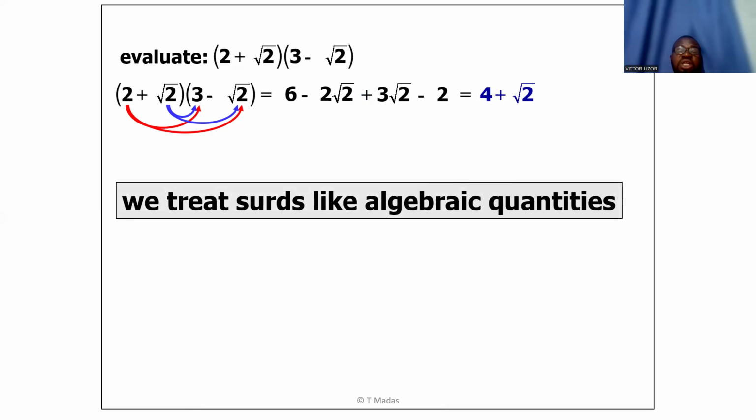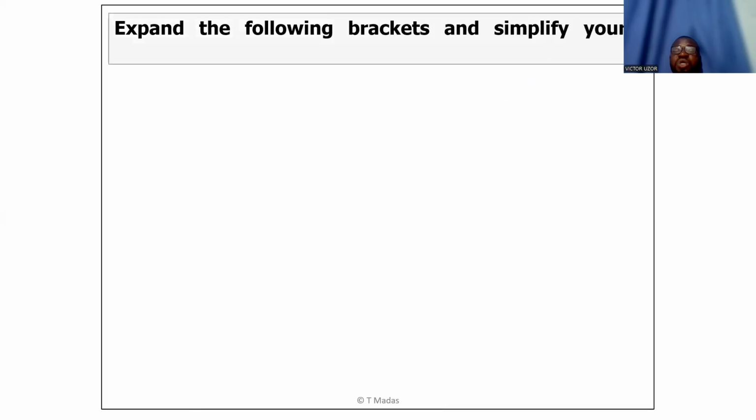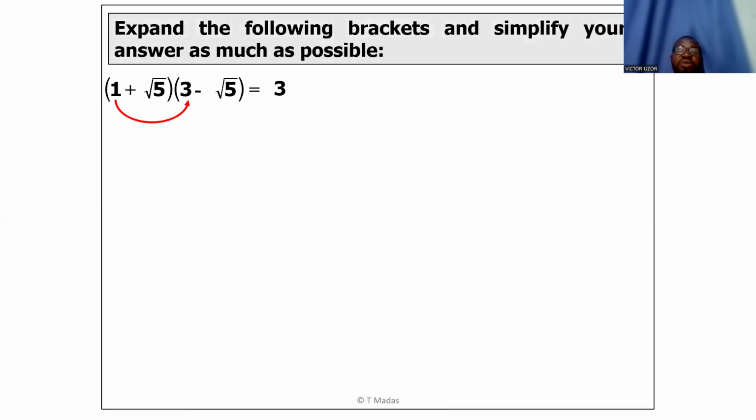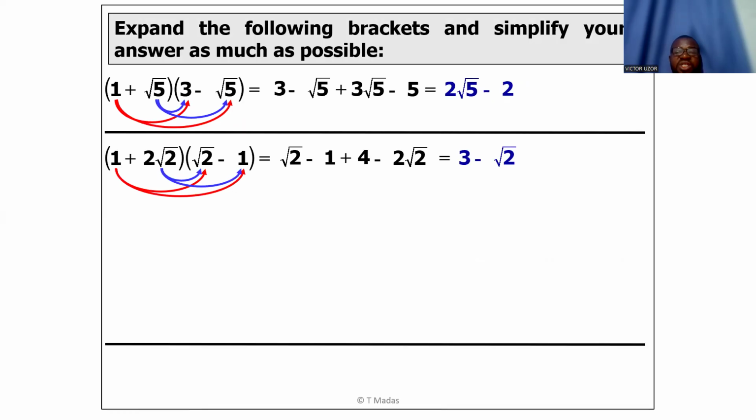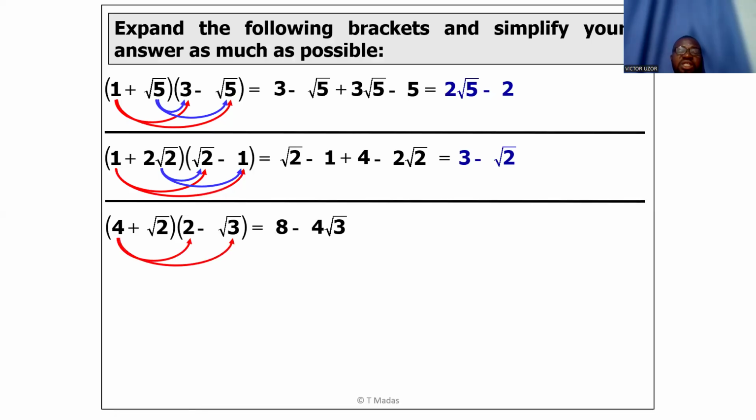So treat your surds like algebraic quantities, like I just explained to you earlier. You can try this one. Pause the video, try it, and fast forward to see whether you get the answer. I'm going to be a little bit fast now, believing that you have tried solving it and you have gotten the answer.